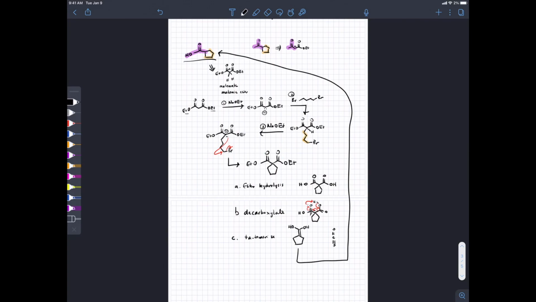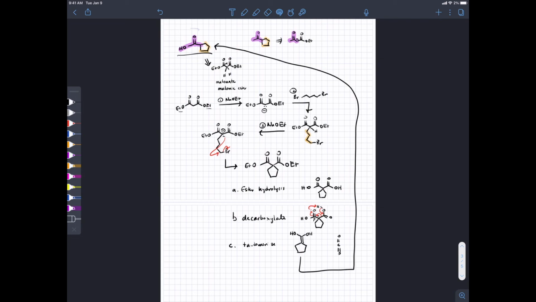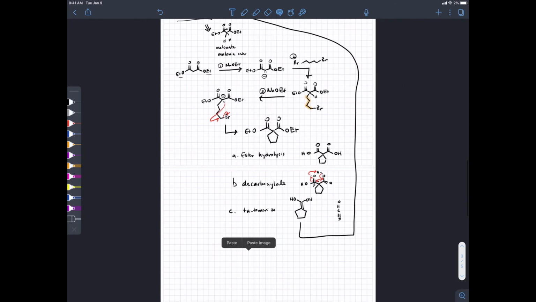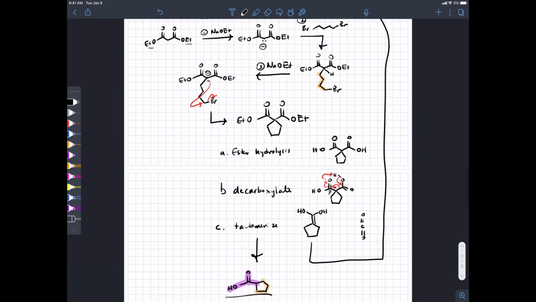All right, so the pattern here is an alpha-alpha disubstituted carboxylic acid.